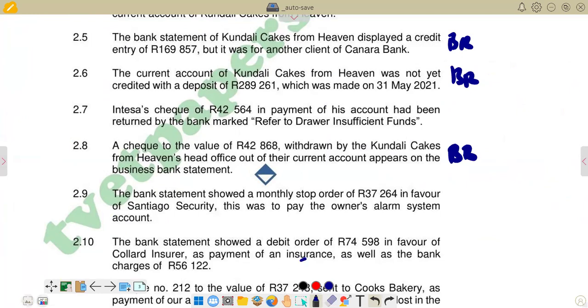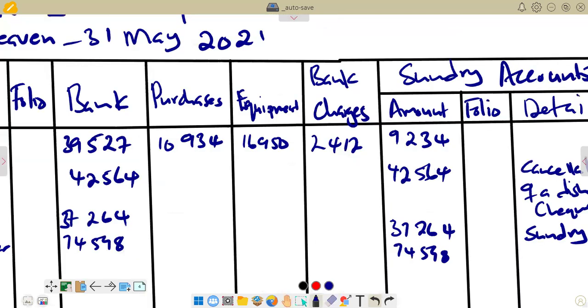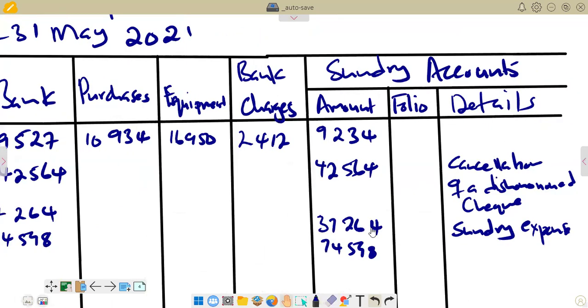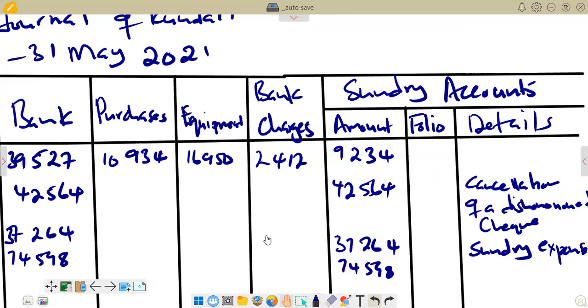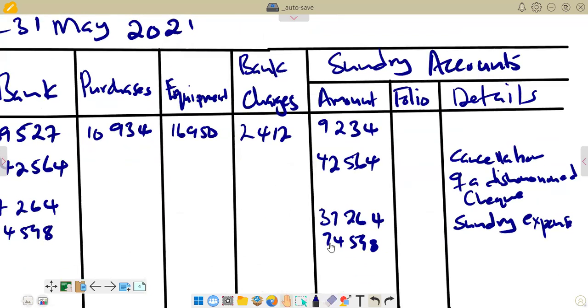So we are going to write insurance on the description under sundry accounts. So if you come here now, we are going to say insurance.